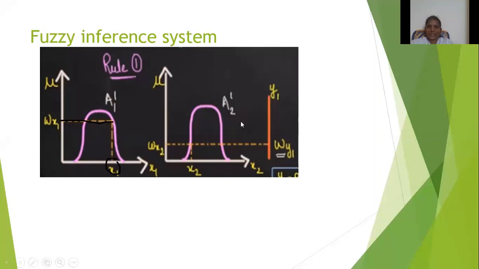So here in the rule 1, they have used AND operator. So whenever we are using AND operator, we preferably go for minimum of the two membership functions. So WY1 is indicating your membership function corresponding to output. Okay, rule 1.